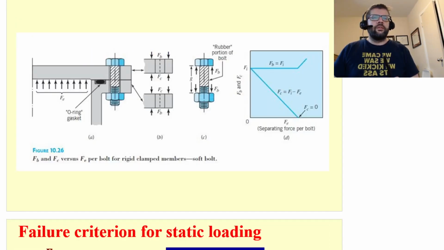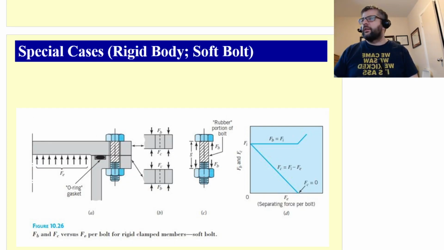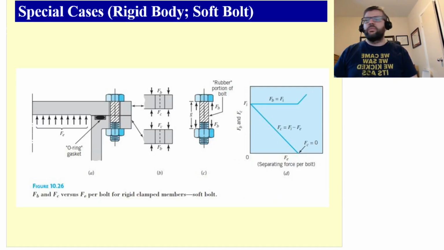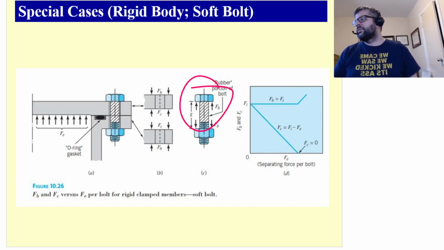The other special case would be a rigid body and a soft bolt. I don't know, some sort of metal that you're applying, and then you could have a rubberized portion of a bolt, or maybe it's just a plastic bolt, whatever. So the opposite kind of occurs.